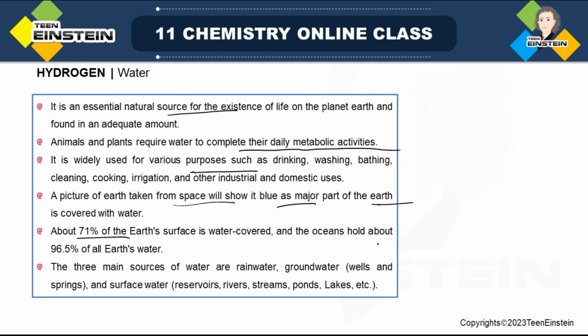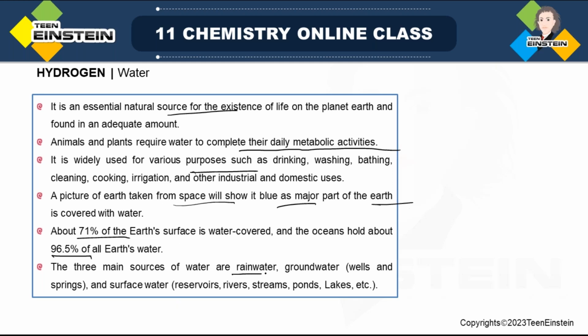And the oceans hold about 96.5% of all the Earth's water, because there may be different sources of water. It is not only the ocean; it may be groundwater, rainwater, well, spring, ponds, lakes, but 96.5%, that is most of the amount, is basically from the ocean. So they contain a large amount of water.